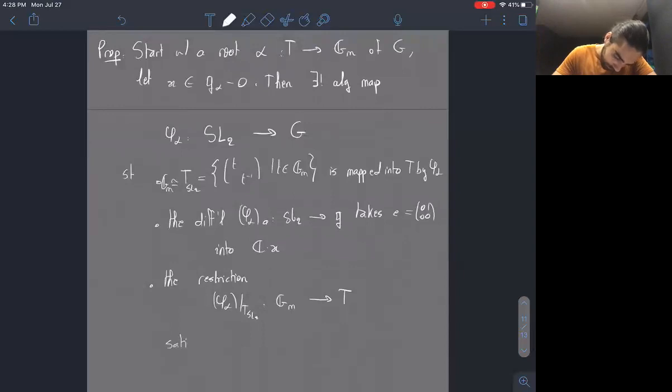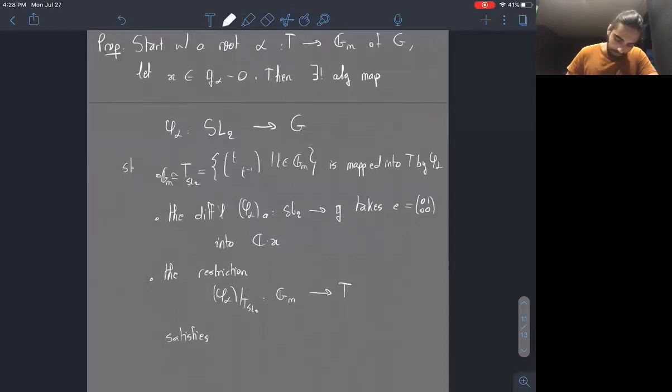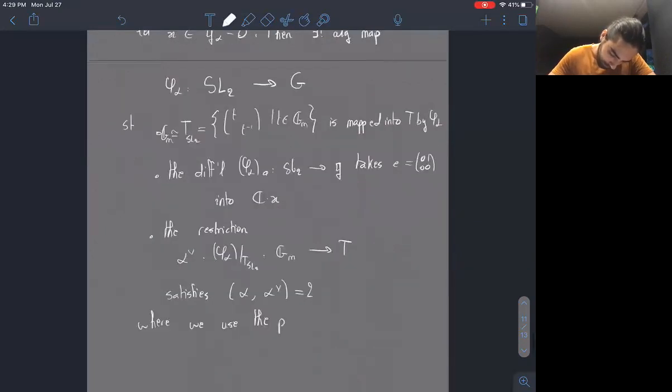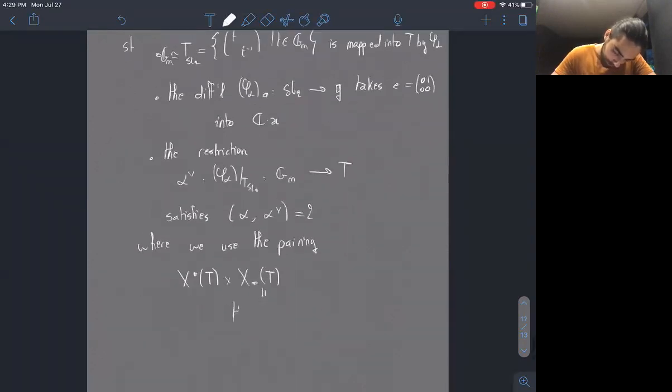satisfies that it's the image of the generator, so we'll call this alpha dual, and it satisfies that the pairing between alpha and alpha dual is 2, where we use the pairing between the weight lattice X upper star of T and the co-weight lattice X lower star of T, which is co-characters of T, mapping into Z, which is really just composition.